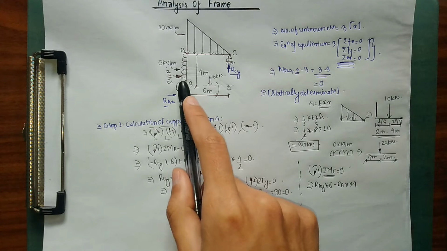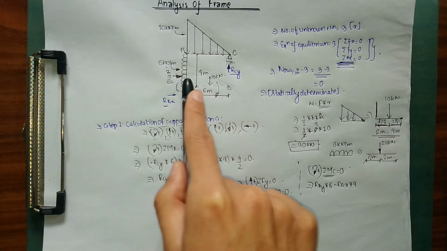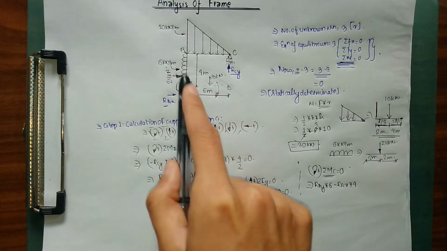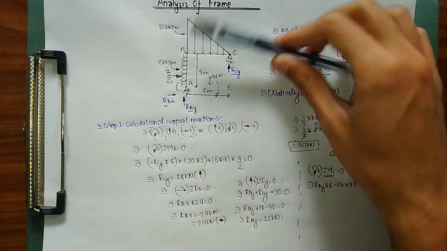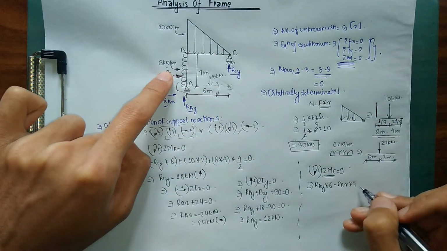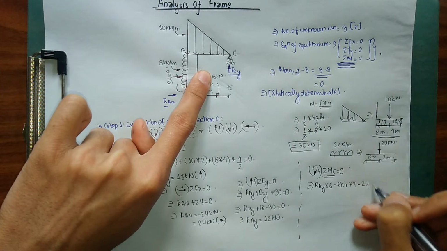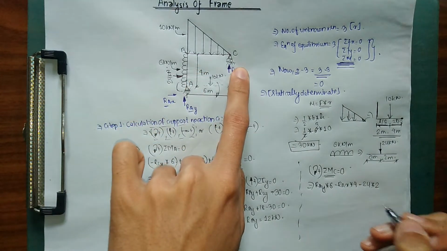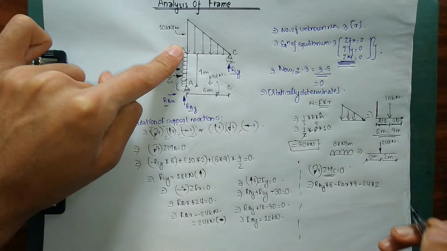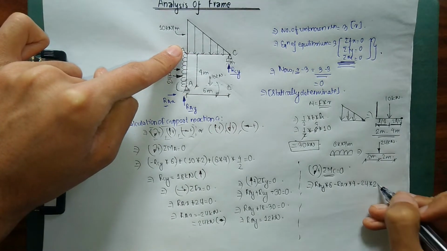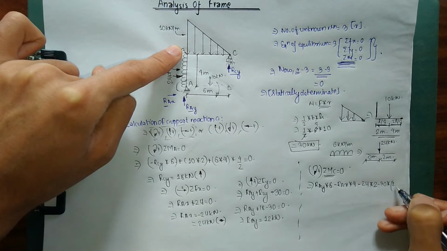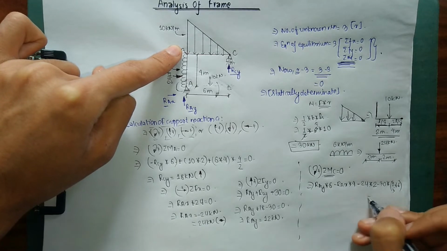Next, this UDL is also going to produce an anti-clockwise moment about point C, which means minus 6 into 4, that is 24, into 4 by 2, which is 2. Finally, this UVL is also going to produce an anti-clockwise moment, which is going to be minus 30 into 2 by 3 into 6 equals 0.